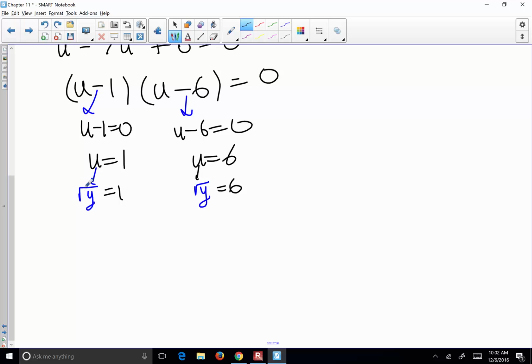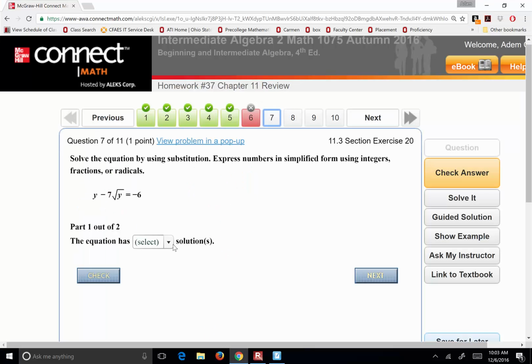How can I clear a square root around our variable? We square it. Square both sides and all done. 1 squared is 1. This cancels away and y is exposed, set free. 6 squared is 36. Two solutions, 1 and 36, is the result.